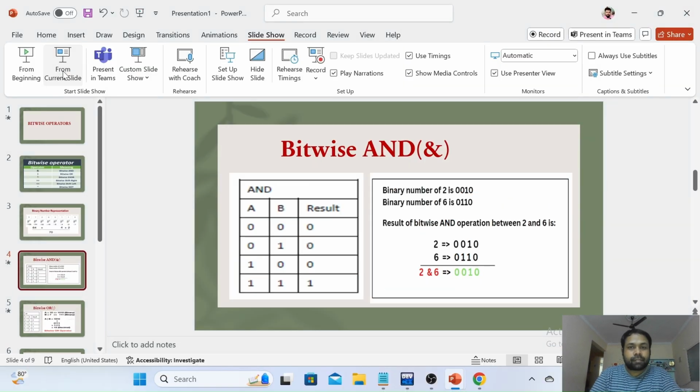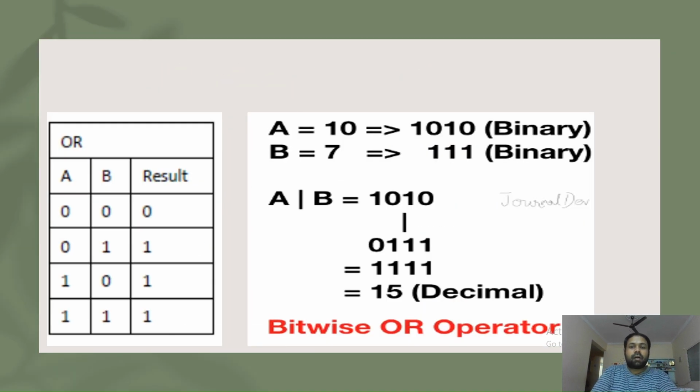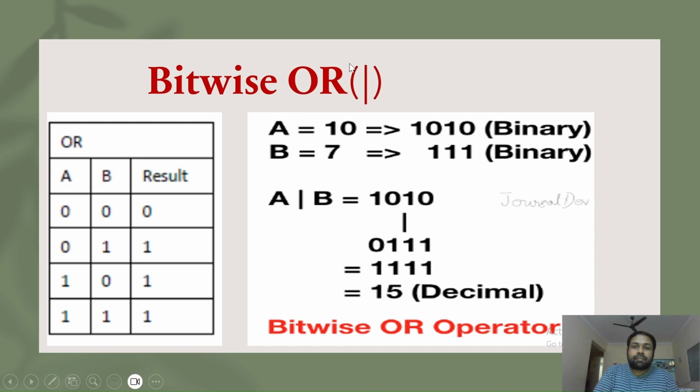Now see bitwise OR. The symbol used for bitwise OR is the straight line. You can see this straight line above the Enter button on your keyboard. OR is quite interesting. If at least one 1 is there, the answer will be 1.